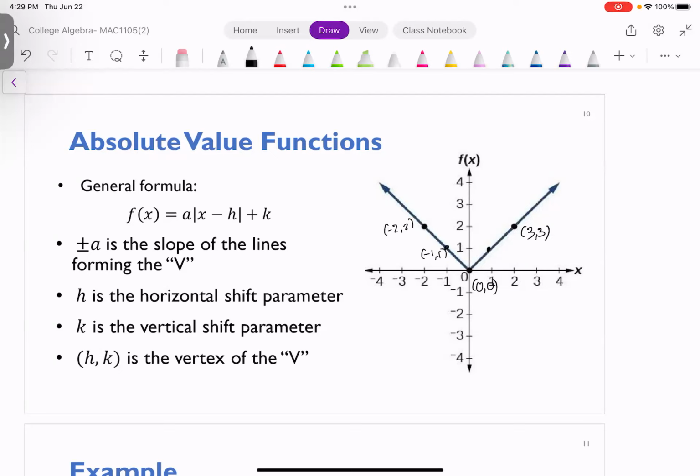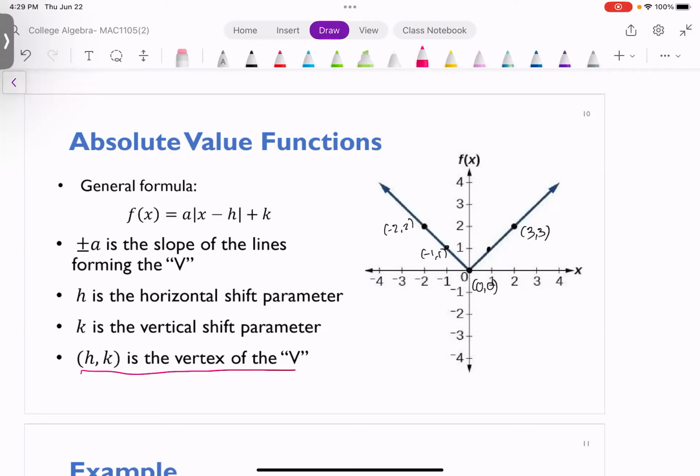So when we look at this absolute value function, we can also think back to our transformation form of a function, and we realize that we can express this as f of x is equal to a times the absolute value of x minus h plus k. In this case, h comma k is the vertex of the V. K is our vertical shift parameter.